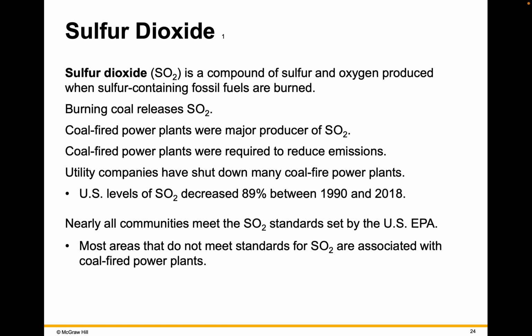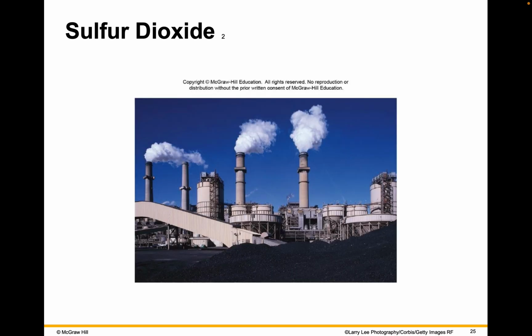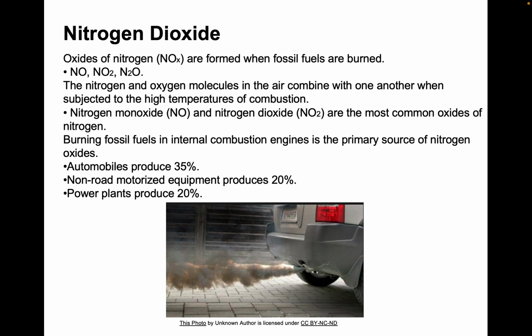Utility companies have shut down many coal-fired power plants, and U.S. levels of sulfur dioxide have decreased by 89% between 1990 and 2018. Nearly all communities meet the sulfur dioxide standards set by the EPA, and most areas that do not meet the standards are associated with coal-fired power plants. Here's a picture of a coal-fired power plant.